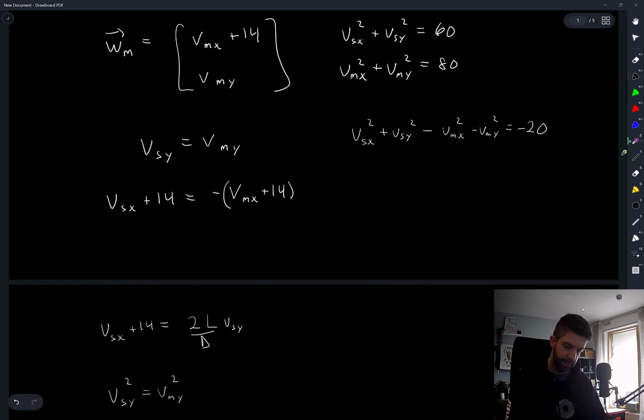But Vsx is equal to Vmy. No, Vsy, Vmy. So that and that are gone. So this gives Vsx squared minus Vmx squared is equal to negative 20. This is a difference of squares.